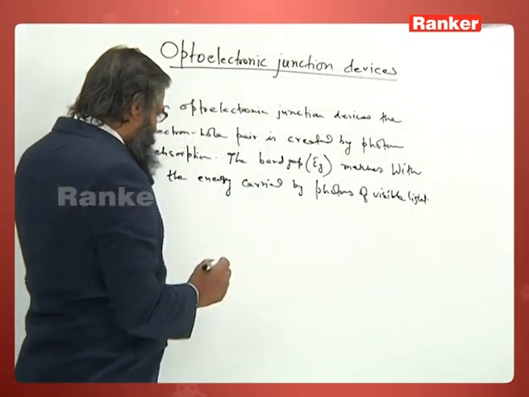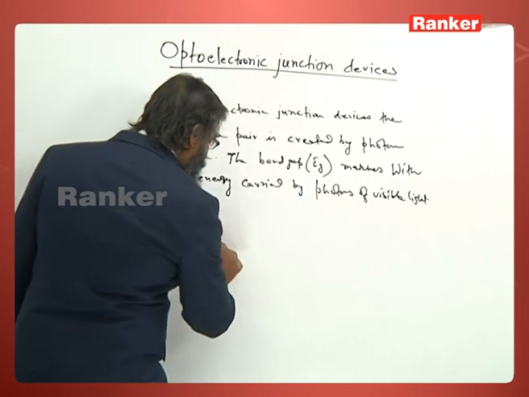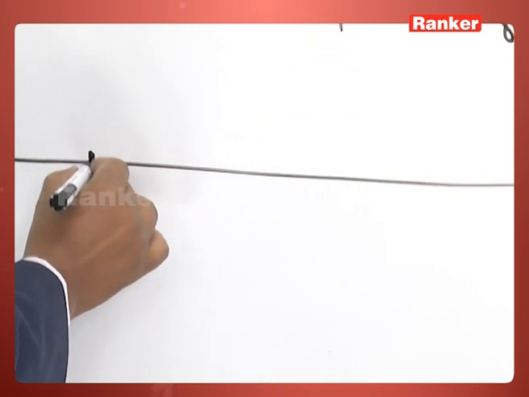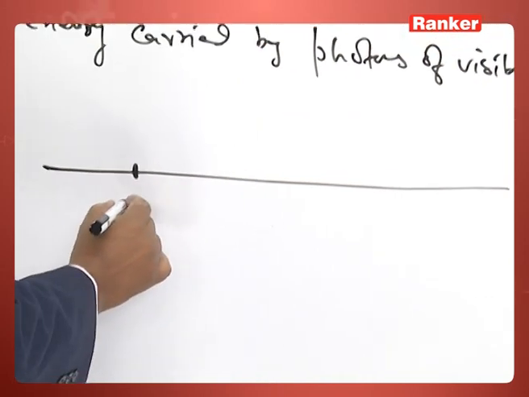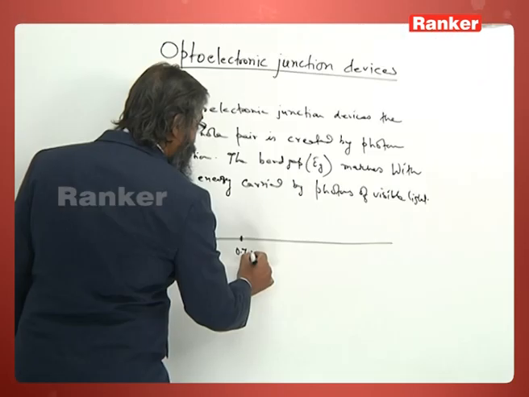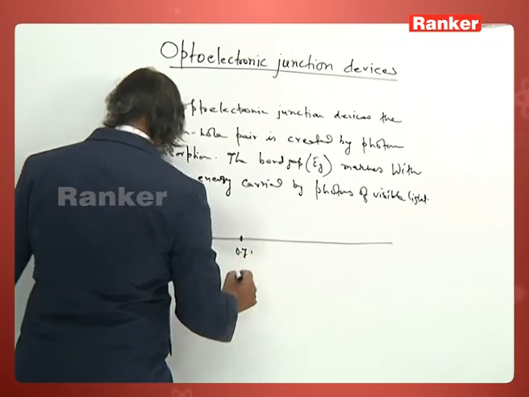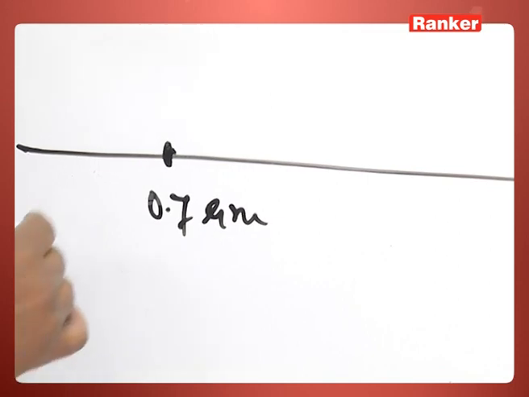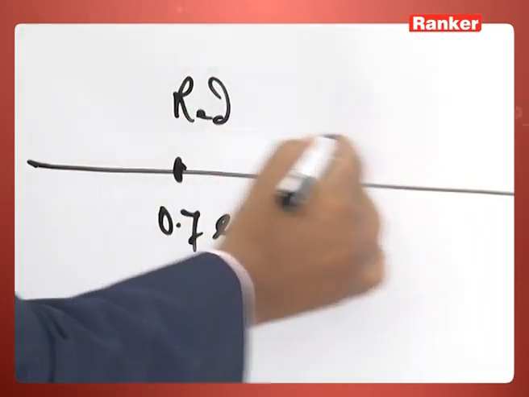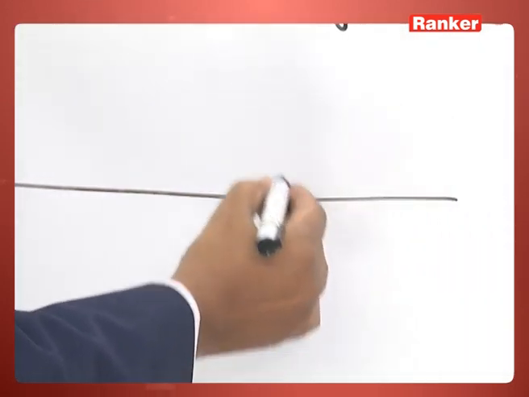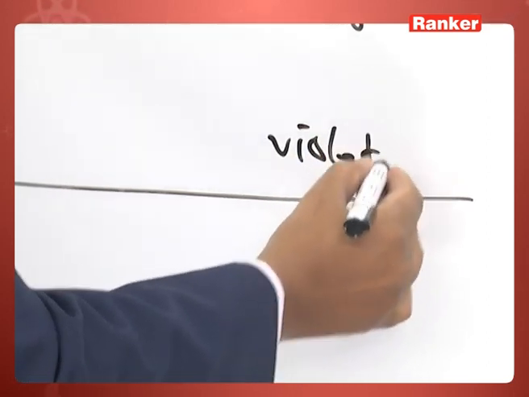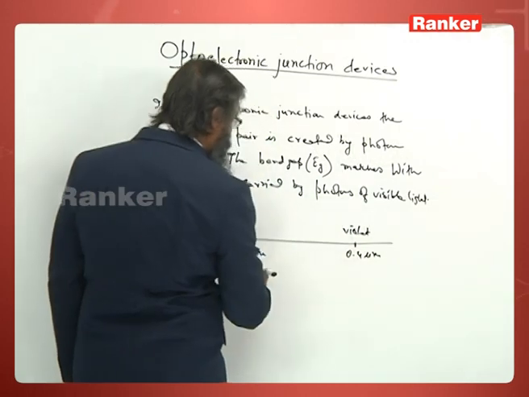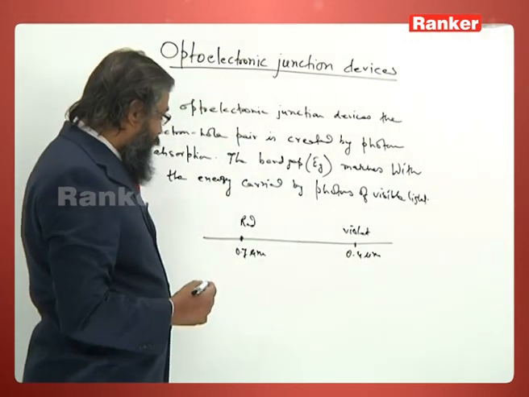So, you see light, suppose I say this is the visible portion of the light. Here we have 0.7 micrometer, the wavelength of red light, and here suppose I say violet, that is 0.4 micrometer, 4000 angstrom, and 7000 angstrom.